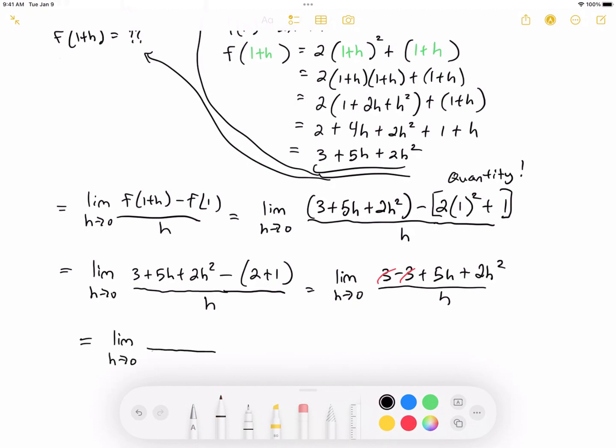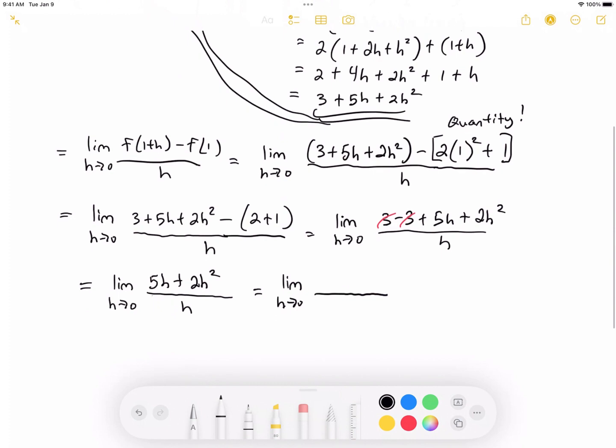So let's eliminate the 3's in the numerator, rewrite, and let's look to factor in the numerator. What's in common between 5h and 2h squared? It's h. So we are going to pull h out and factor by GCF. H comes out, and we have then the h above and the h below, which cancel.